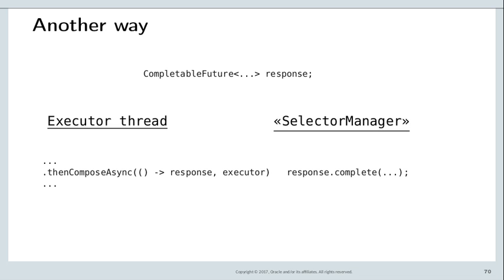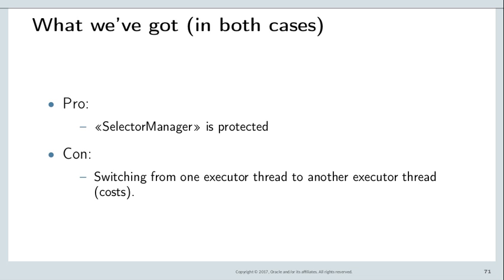It means that we should protect our chain on the other side from the executor threads, again by explicit moving to executor. Both solutions are completely similar in terms of performance.